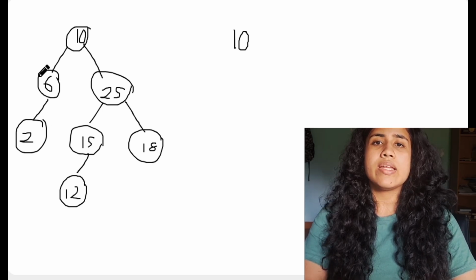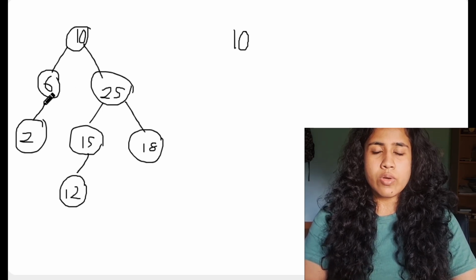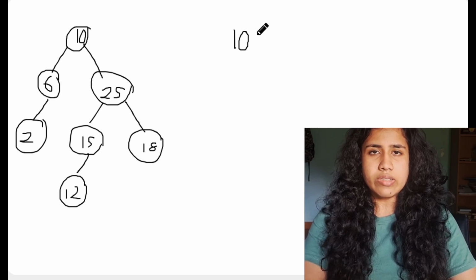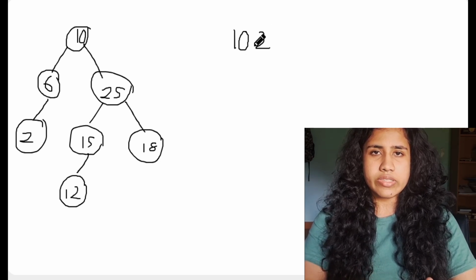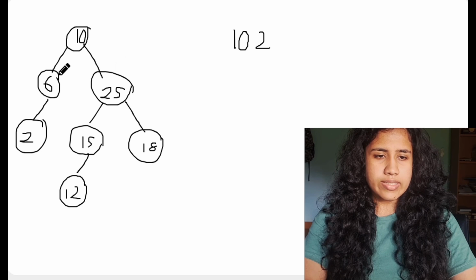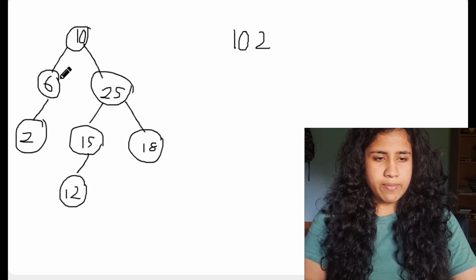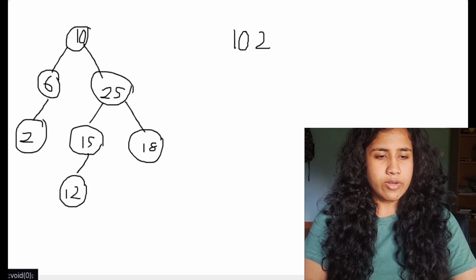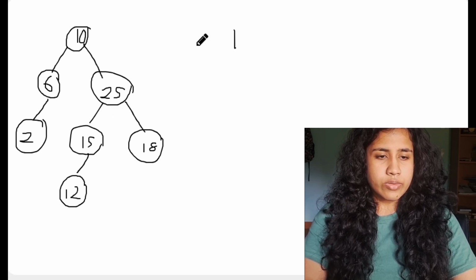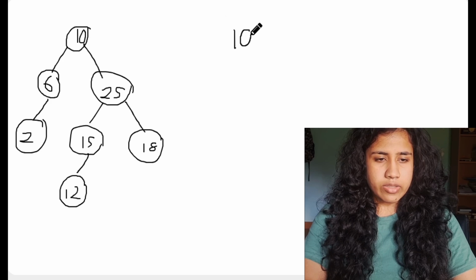Now we have to check whether it has any children. If it has a child, it goes to that child node. So here 10, 6. This becomes the left child, but it has a child of 2. So this becomes another root node, and this becomes 2.